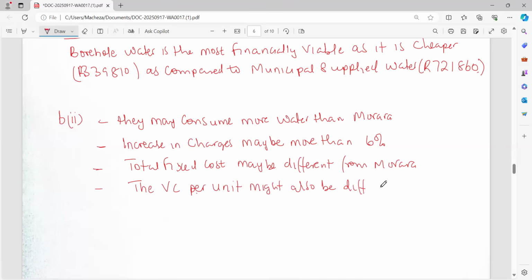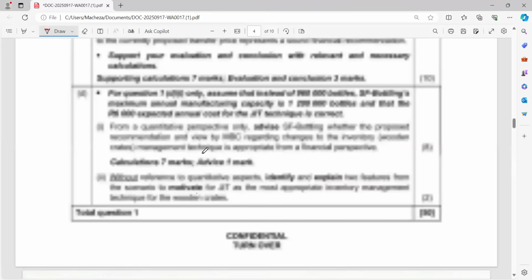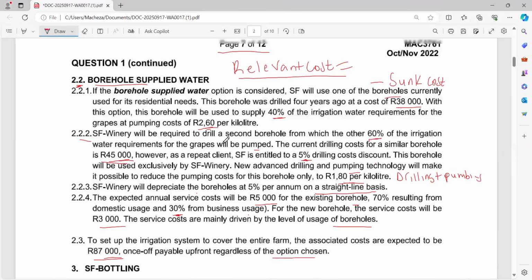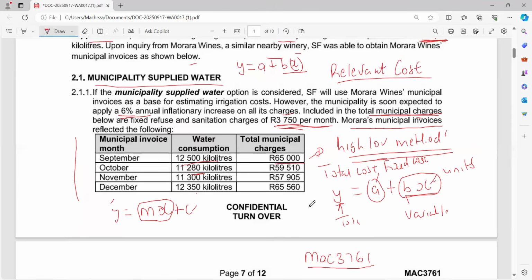What I emphasize, whenever you are answering a theory question, is to relate everything you put into your answer to the scenario. You come here and look at anything that can make this estimation not accurate. Then in that case, you are going to get marks. There is no way you will not get marks from your answer.